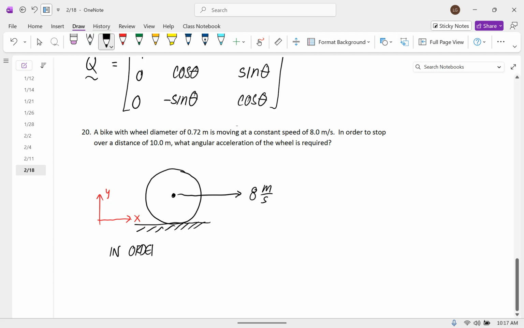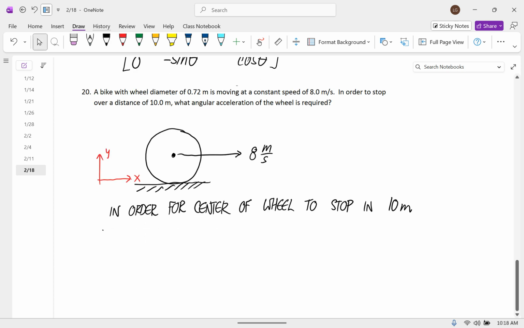So in order for the center of the wheel to stop in 10 meters, I'm going to use this equation that says 2a, I don't know what format you used in your physics class, but this is how I am used to it. Position final minus position initial is equal to v final squared minus v initial squared, over 2a.